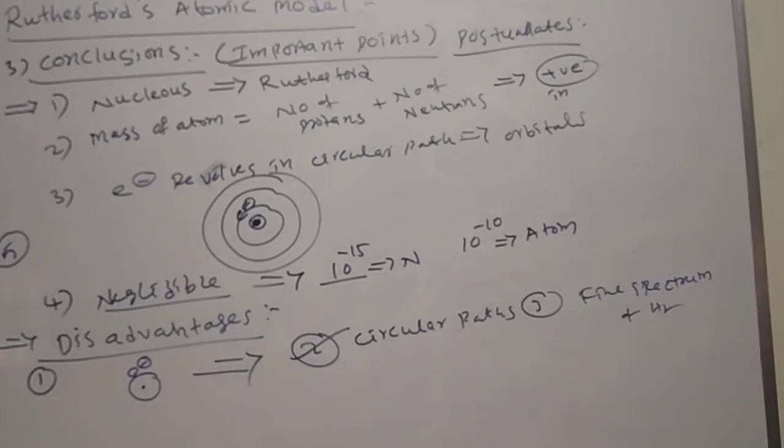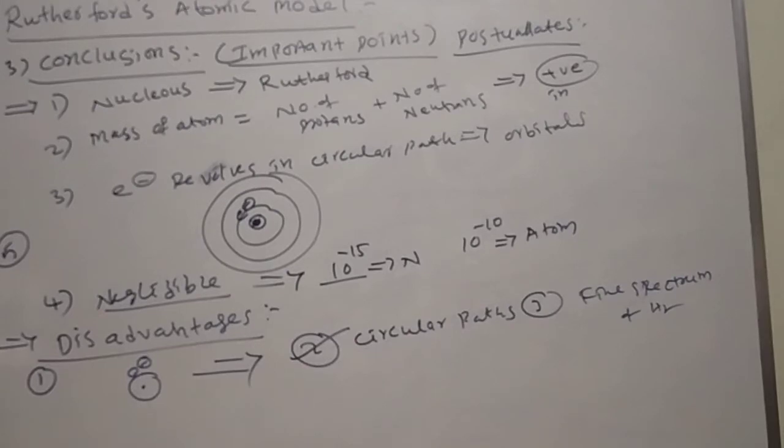What is that? First, Rutherford theory. It was discovered based on the gold foil experiment. After that gold foil experiment, Rutherford made some observations.